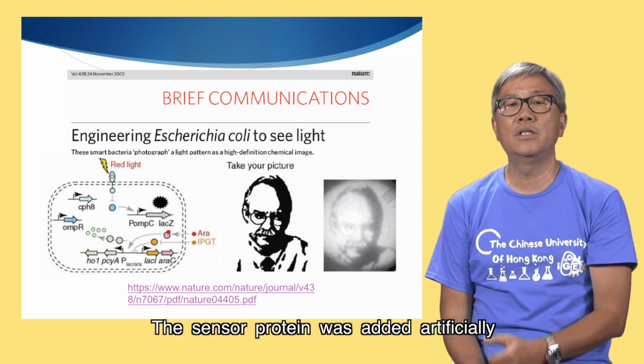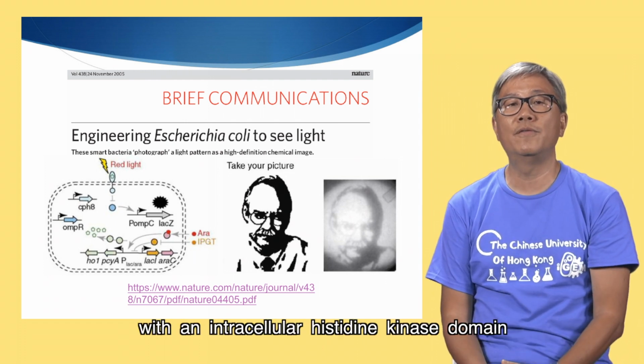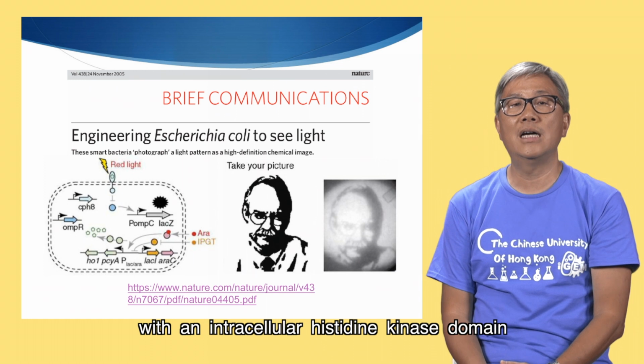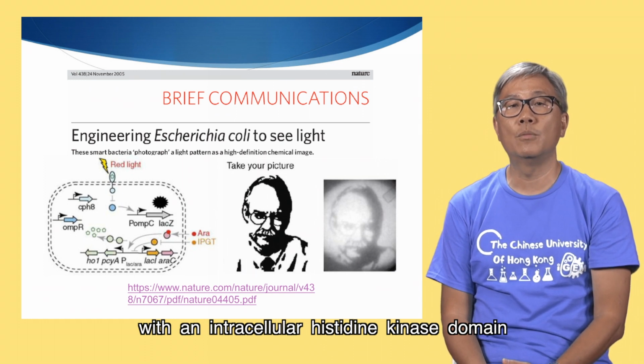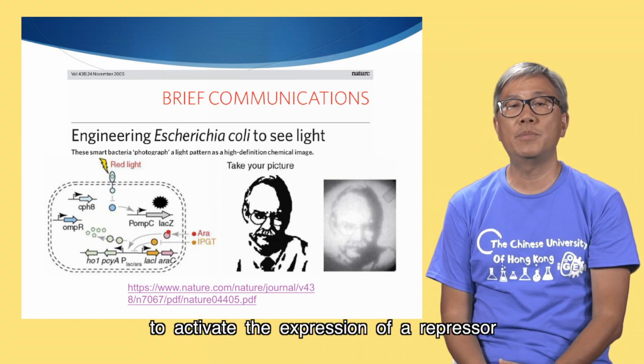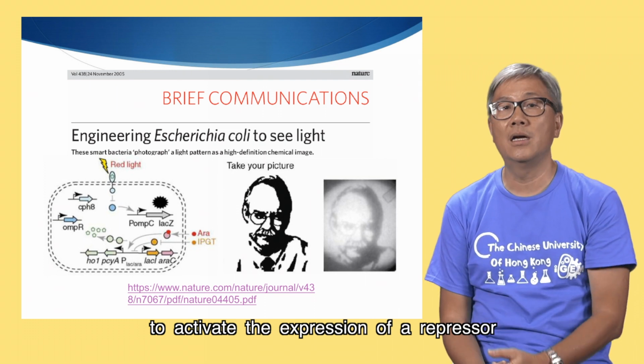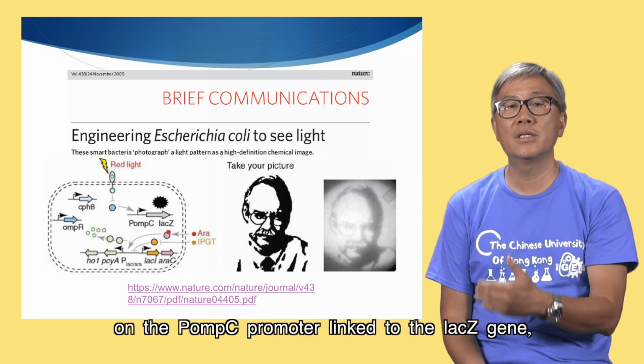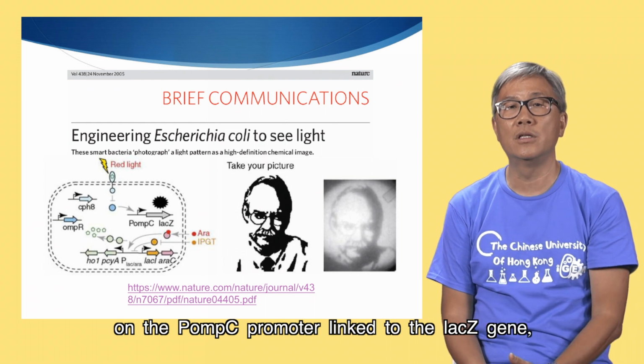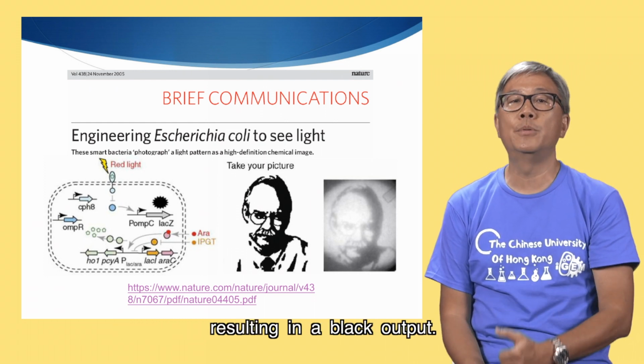The sensor protein was added artificially with an intracellular histidine kinase domain to activate the expression of a repressor on the promoter, the POM-C promoter linked to the LAC-C gene, resulting in a black output.